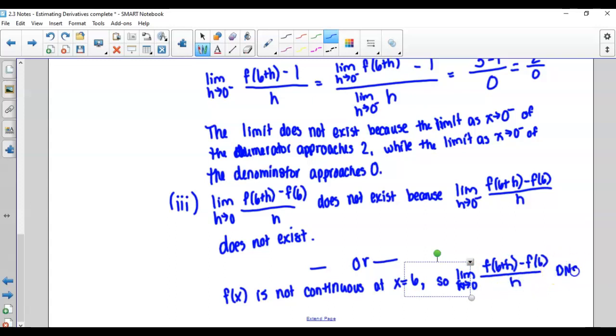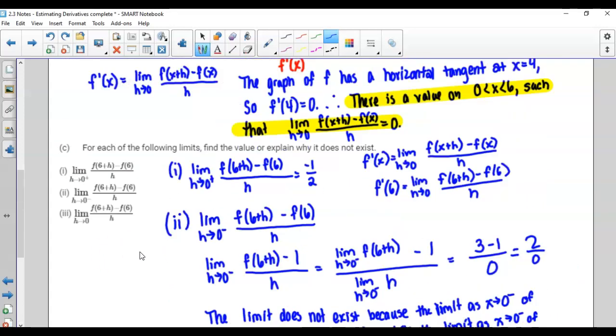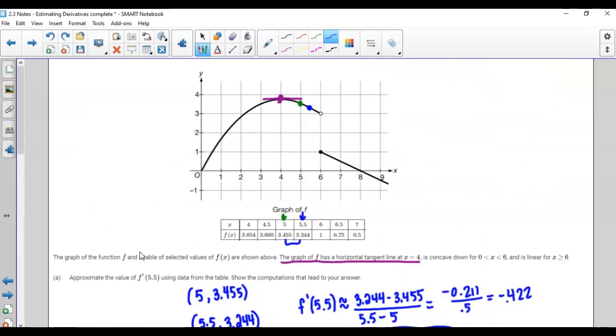So we could also use that as an answer. Okay, so that goes over that free response question. You're going to have one similar to this on the review.